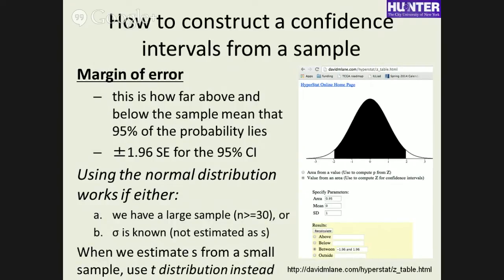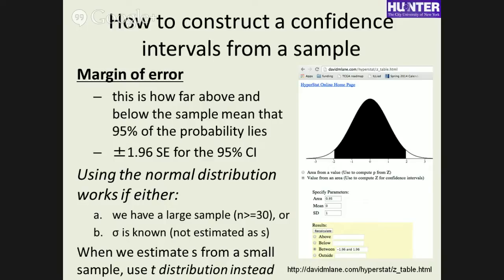So the margin of error is how far above and below the point estimate you have to go to have a certain confidence. For a large sample, and by large here I actually mean really large, I don't mean n equals 30, and I'll show you what I mean about that later, but where the standard deviation is known precisely from the population or from a very large sample, the margin of error for the 95% confidence interval will be 1.96 times the standard error.